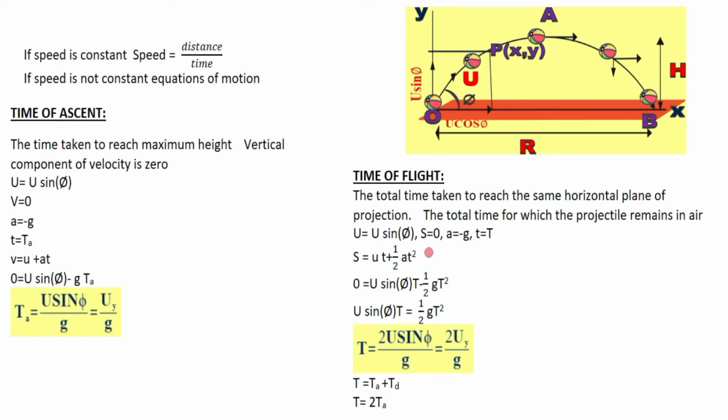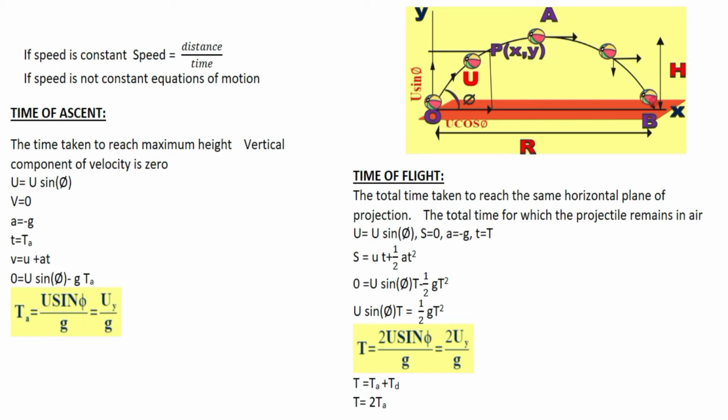Now the point is why I wrote S is equal to 0. If you observe, vertically as the projectile goes from O to A, the vertical displacement will increase, and at A the vertical displacement will reach its maximum height, which is capital H. And as the projectile moves from A to B, the vertical displacement will decrease again and become 0.